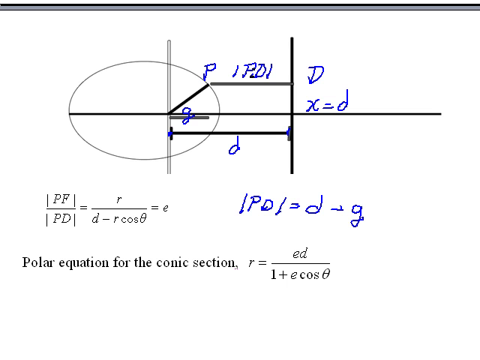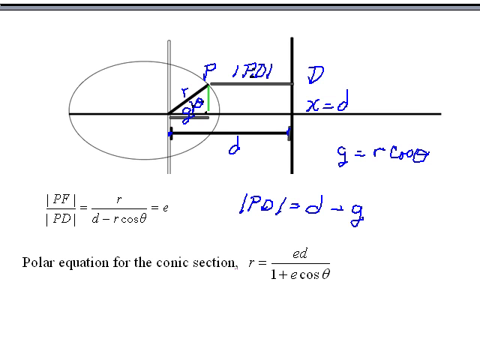The question is, what is g? If you look here, dropping the perpendicular down to the axis, and let's call this angle here theta, then g is equal to r, which is this radius here, times the cosine of theta, by definition of cosine.